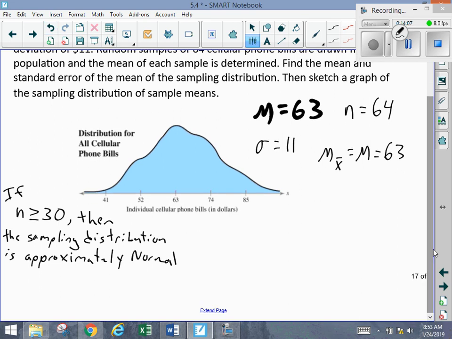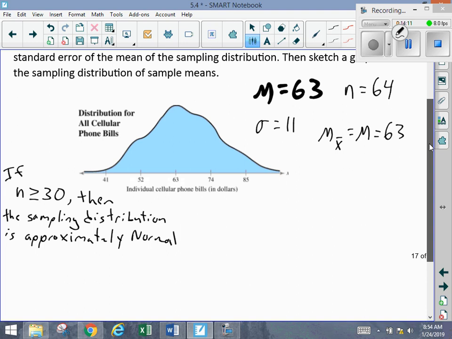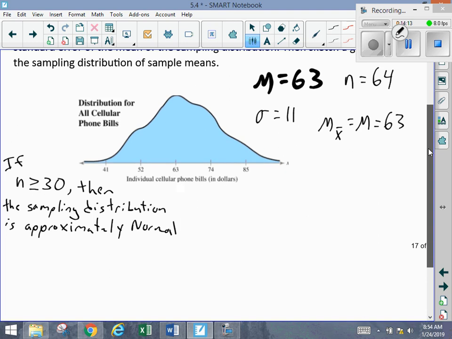So I have all the information that I need. That means I'm allowed to represent this as a normal curve, where my mean is 63.